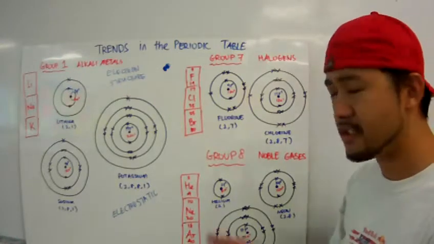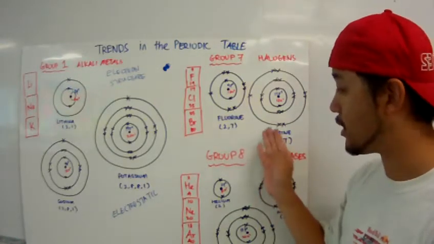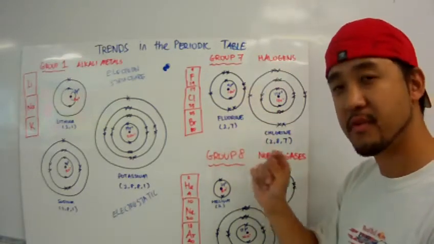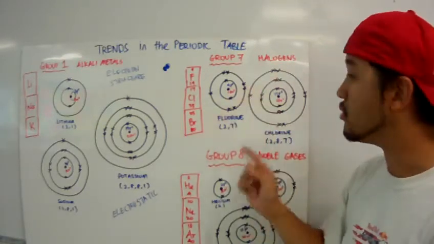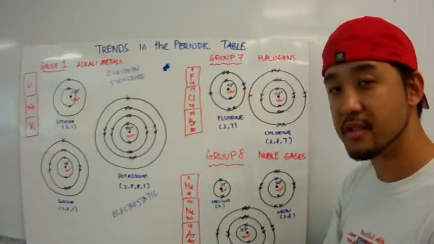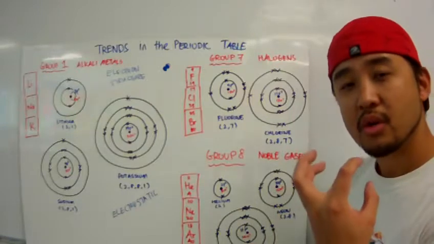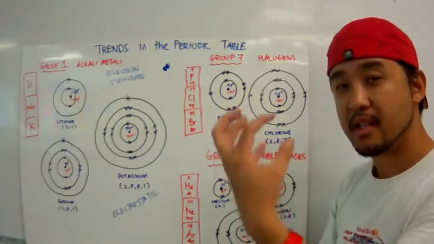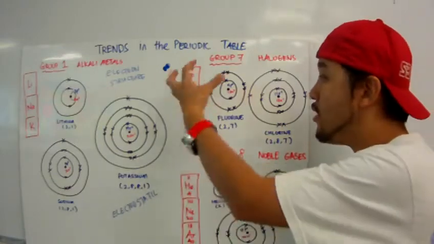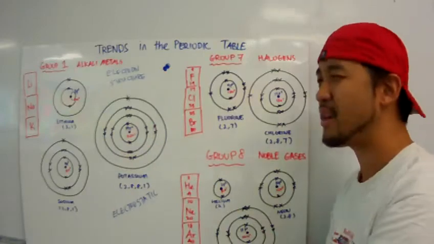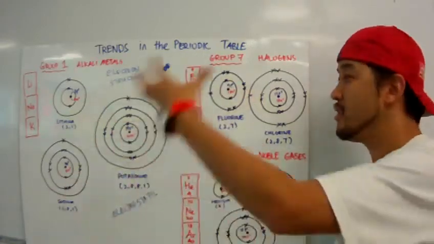So this is exactly what is going to happen, and scientists have made observations that it is true. This group 7 of halogens are very electronegative, which means that they are very receptive of electrons. That means they want to attract electrons to them.